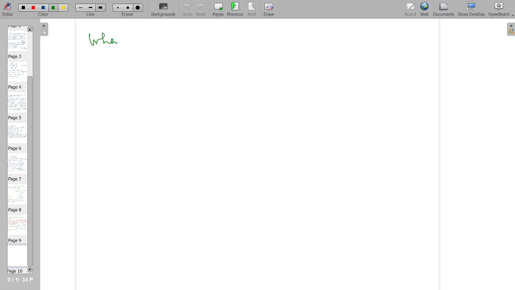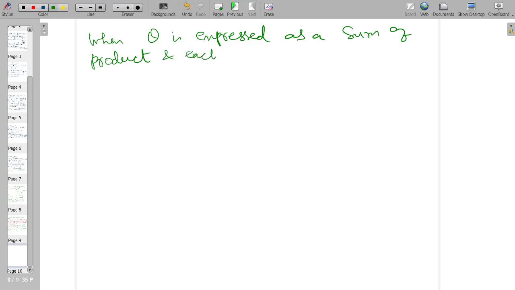When I can express this theta as a sum of products, each term in it will represent a minimal dominating set.